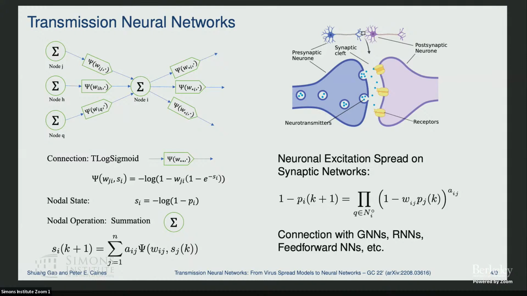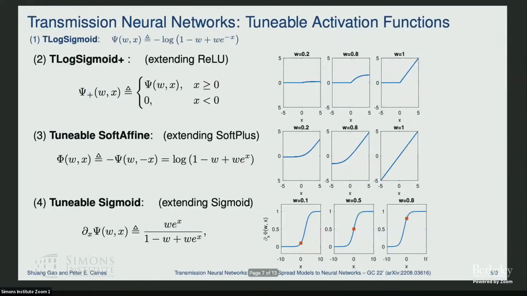And such a unit can be easily incorporated into the graph neural network setting, recurrent neural network setting, or feed-forward neural network setting. So I want to spend some time on the tunable activation functions associated with the transmission neural networks. There could be multiple choices of them, depending on your choice of the state and your constraint on the states.